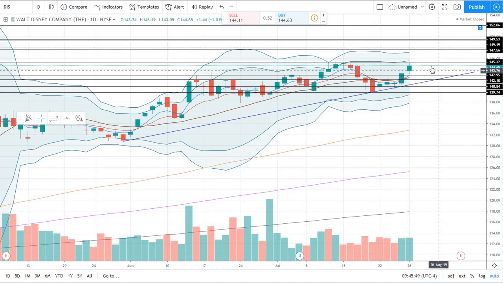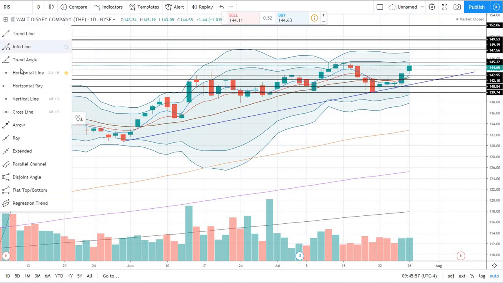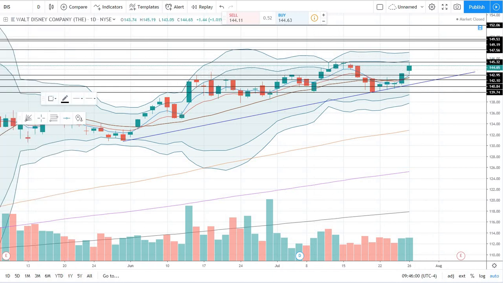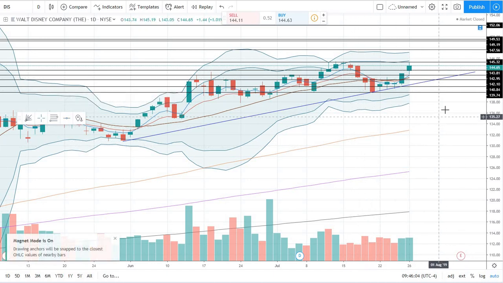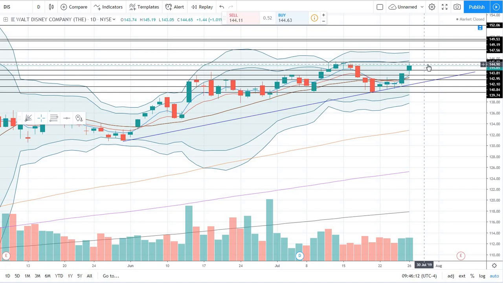If I'm using this as my breakout target, so buy here at 145, your stops are going to go, actually I'll probably throw in one more support level there. Yeah, let's do that. Your first stop, if you wanted a really tight stop, would be somewhere under here.